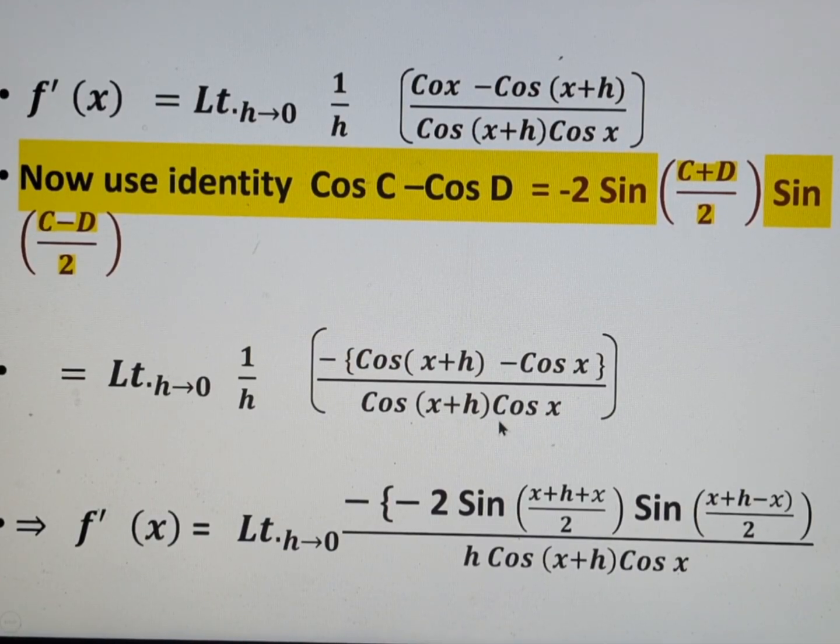Now use the identity, so we get limit h tends to 0 of minus in bracket minus 2 sin (x+h+x)/2 sin (x+h-x)/2 over h cos(x+h) into cos x.